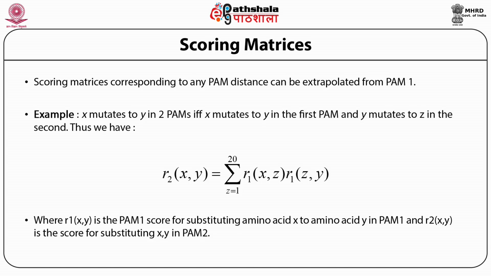Now if the probability of X changing to Y is, let's say, Pxy, and Y changing to Z is Pyz, the probability that X changes to Z by this pathway is Pxy times Pyz.